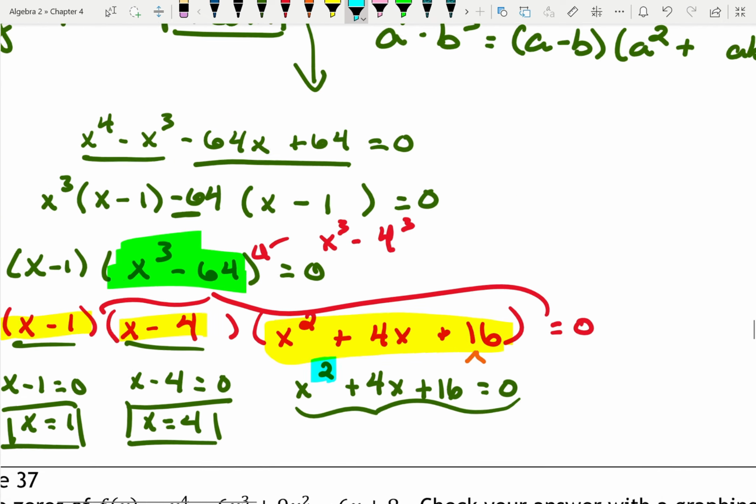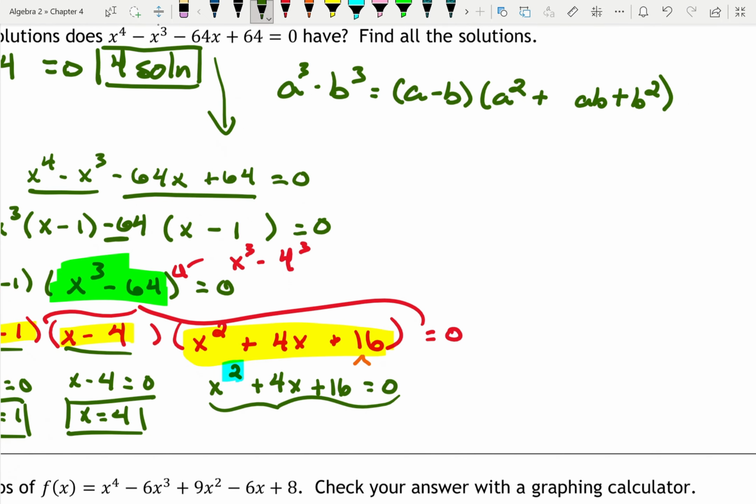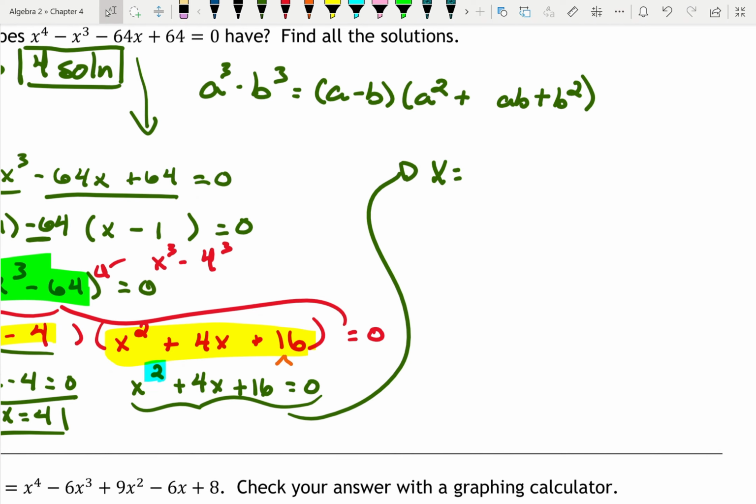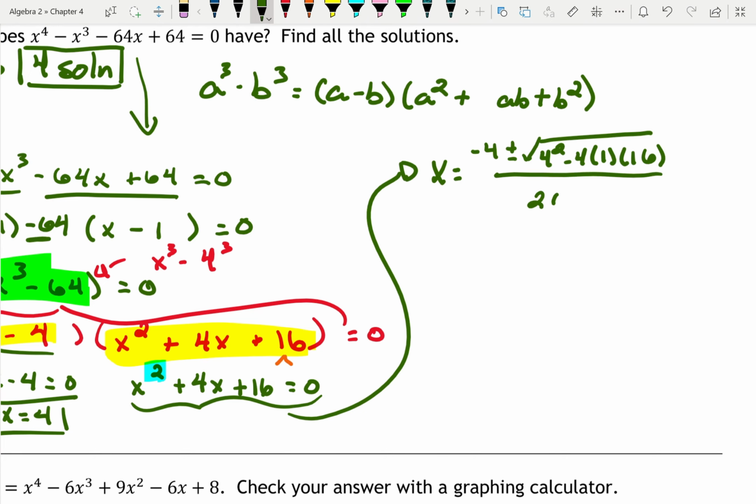Because I can't figure out how to factor it, I'm going to use the quadratic formula. So I'm going to say that x equals negative b, so negative 4, plus or minus the square root of b squared, which is 4 squared minus 4 times 1 times 16, all over 2 times 1.